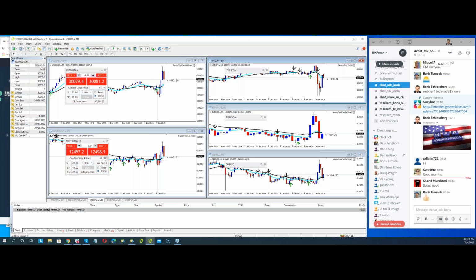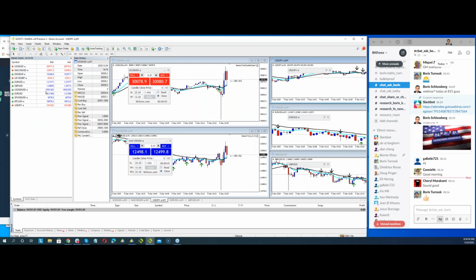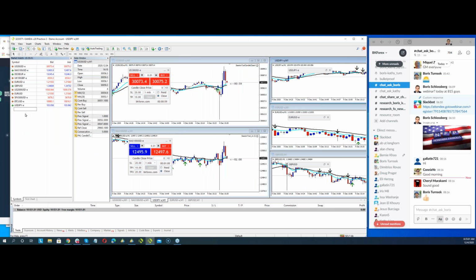Let me just go to. I want to go. Where's file? New chart. I want to do color. Yeah. Market watch. USD CAD. I don't know why this isn't working.